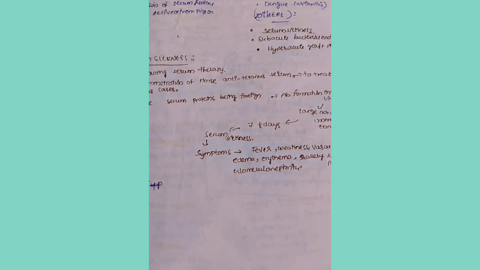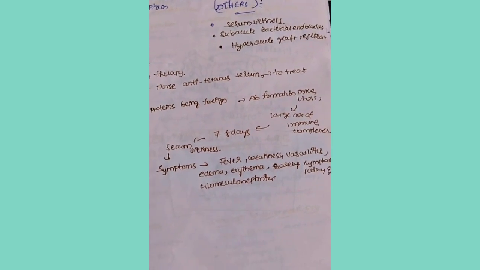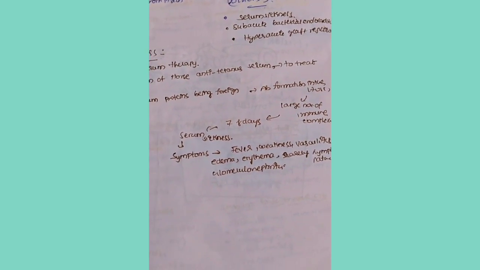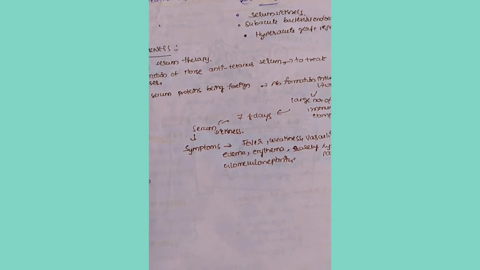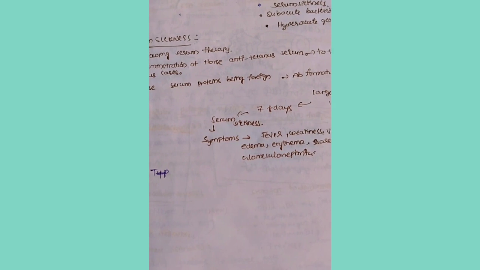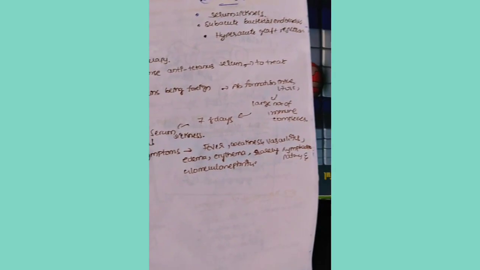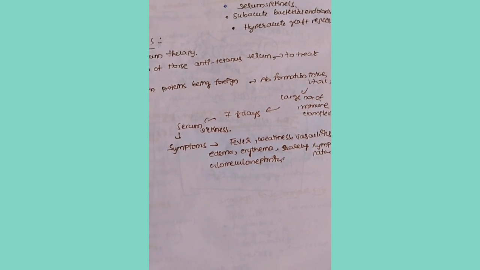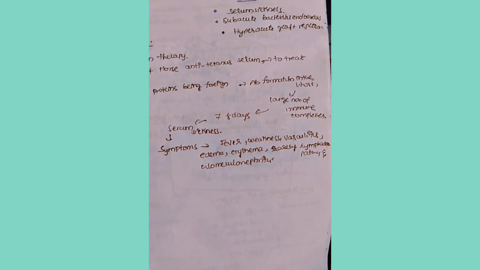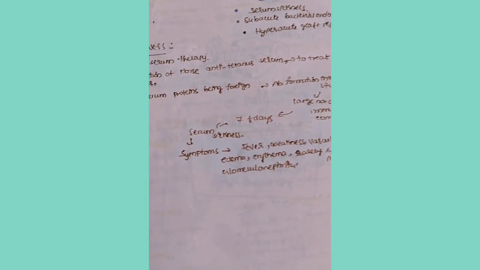Some horse serum proteins are foreign to our body, so they induce antibody formation in the host, leading to immune complex formation. After 7 to 8 days of serum therapy, we get serum sickness. Symptoms are fever, weakness, vasculitis, edema, and erythema. Rarely we see lymphadenopathy and glomerulonephritis.